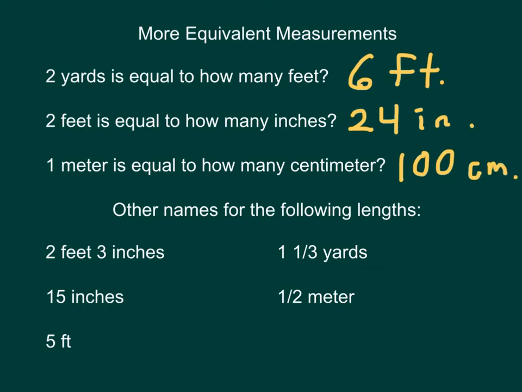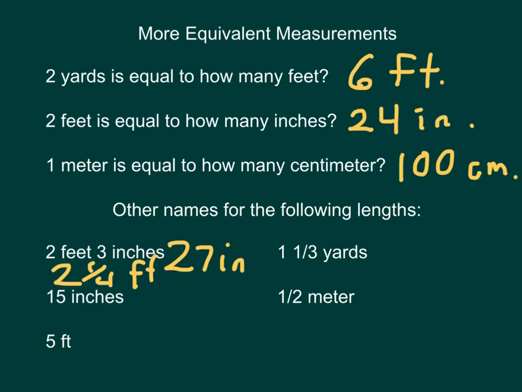Other names for the following lengths could be, if we have 2 feet 3 inches, you could name that as 27 inches, because I know 1 foot is 12 inches, so 2 is 24, plus 3 is 27. Another way you could label that is 2 1/4 feet, because 3 inches is 1/4 of a foot.